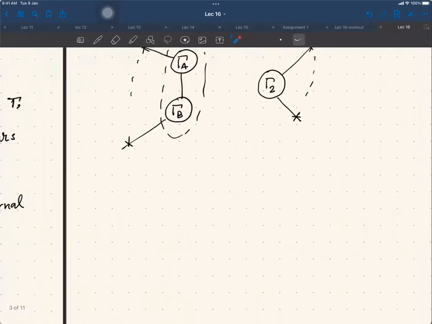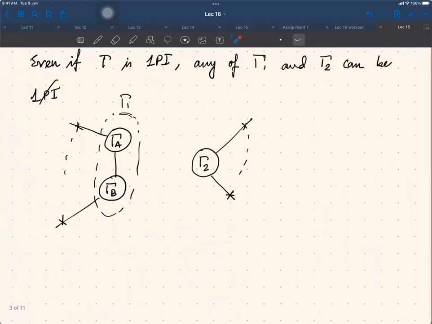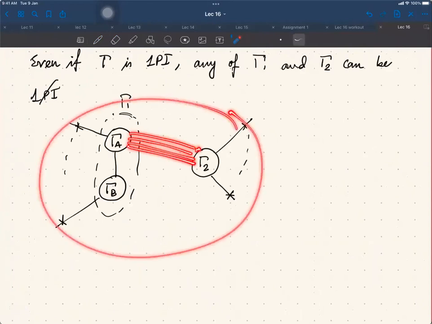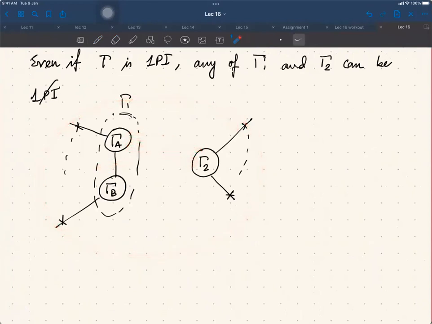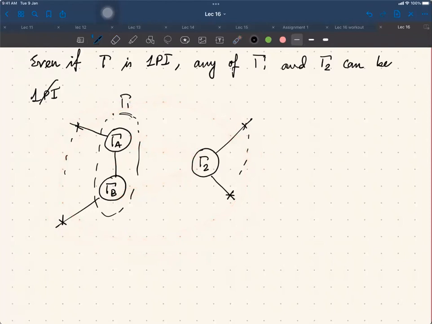Now, if all these internal lines are connected to only one of gamma A or gamma B, then the entire gamma is non 1 pi, because if you cut this line, it will separate out. But among those r lines, if some of them are connected to gamma A and some to gamma B, then the entire graph gamma is 1 pi. So we should have a scenario like this.